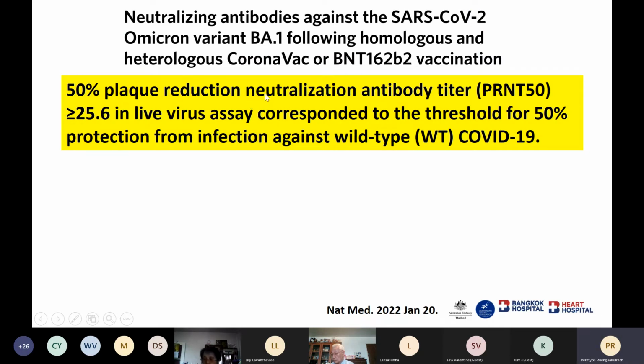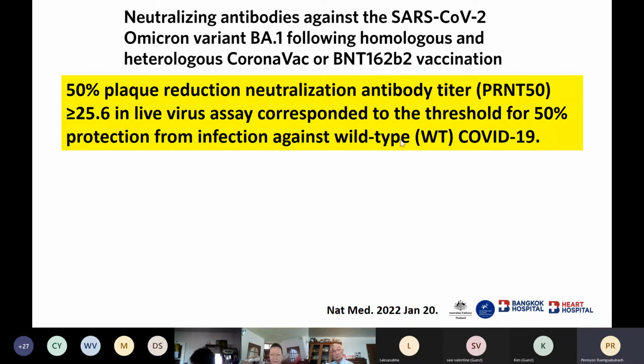So this is, I still have time, so I want to give you an article. This is an interesting article that correlates the neutralizing antibody level with protection from infection.